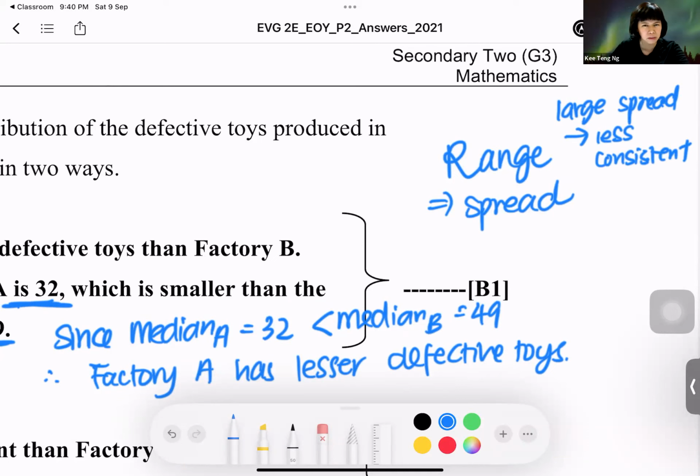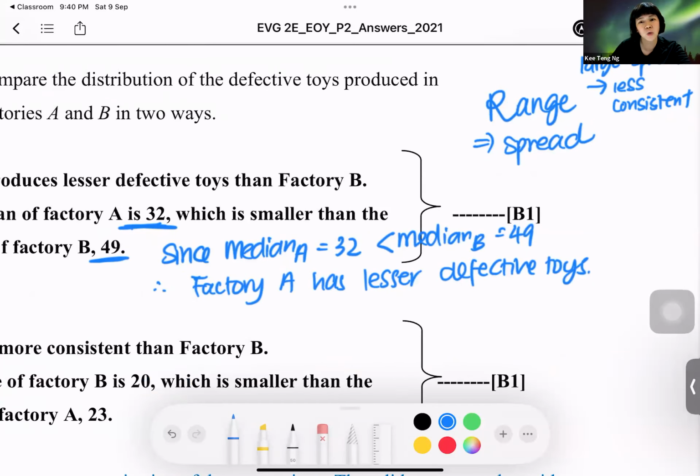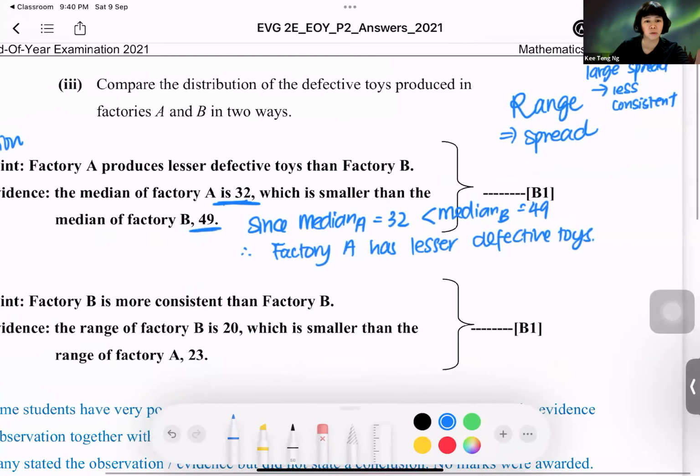That means they're near about the same, which actually means that this factory is consistently producing defective toys at a number which may not be good, but anyway, just consistency. So a large spread, which is a large range, will be less consistent, and a small spread, small range, will be more consistent.